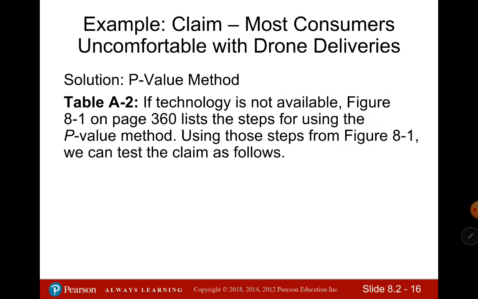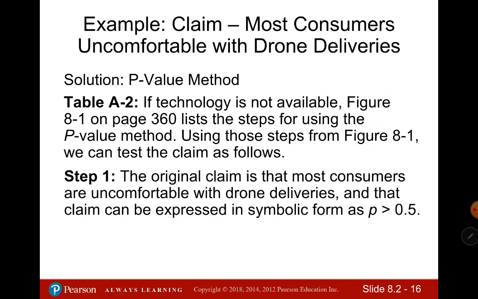In our class, we will not talk about how to use the technology. We're going to use the table, and we will use the procedure in 8.1, the general procedure.